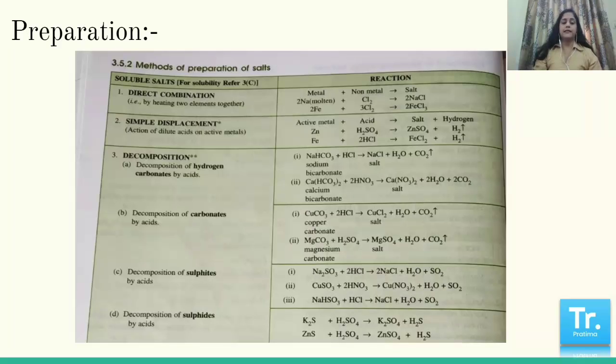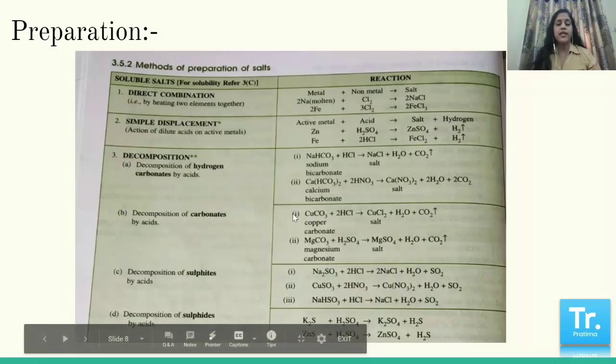Next we come to the preparation of salts, which in a way we have already done, whether in study of the compounds, practical chemistry, or any of the chemical behavior. The equations we are going to do here are already known.